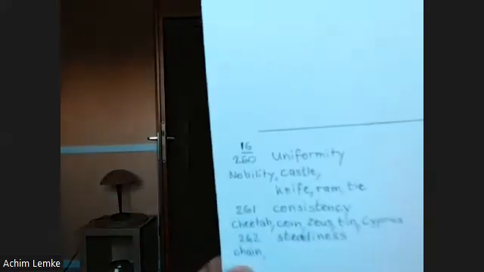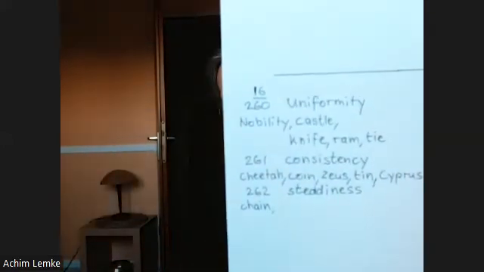So here's a chain. Now chain is 62. This is how I do it: 62 chain. So that is steadiness, chain. Then ST gives me a CD.